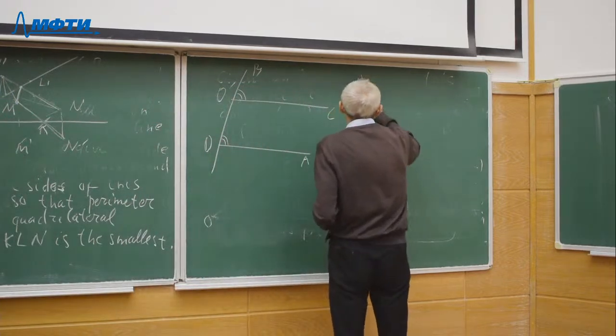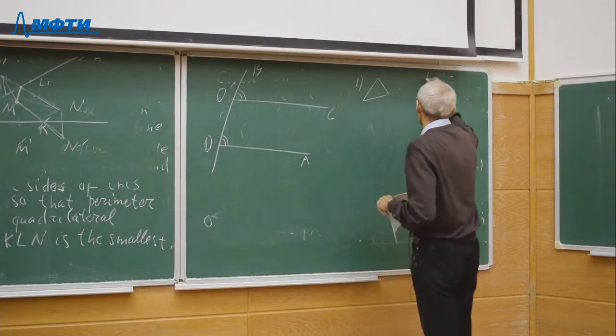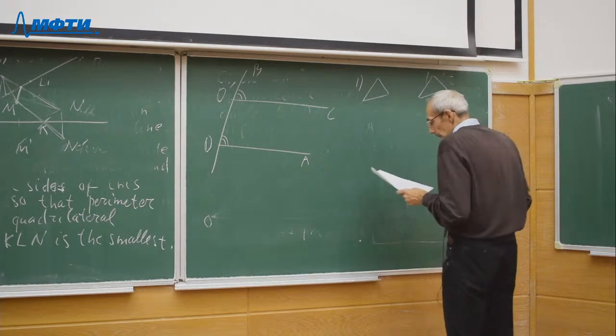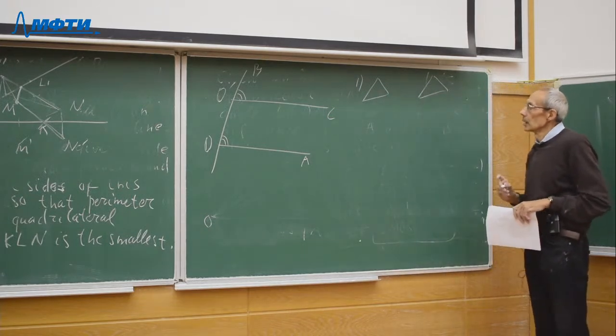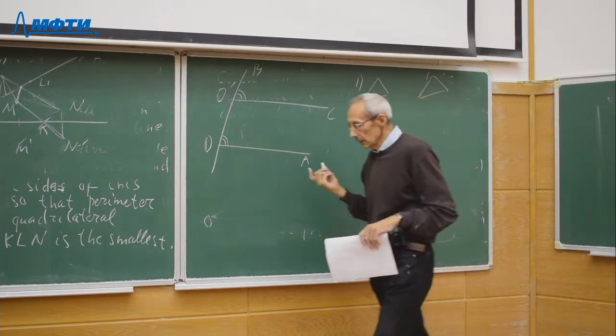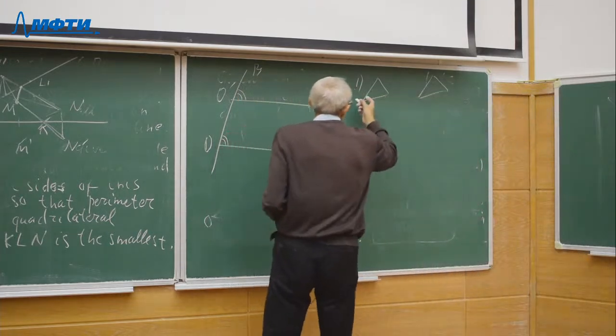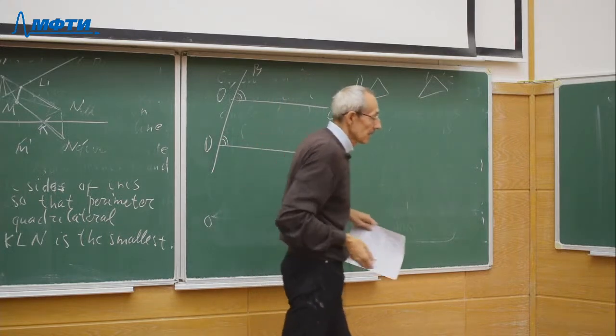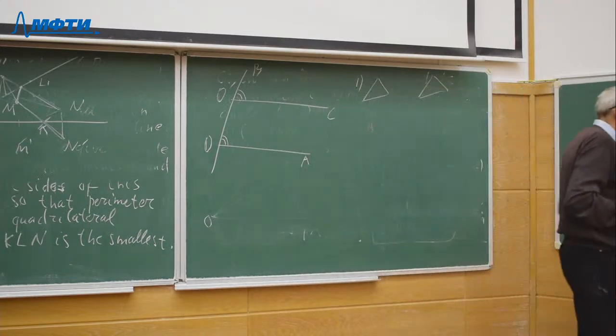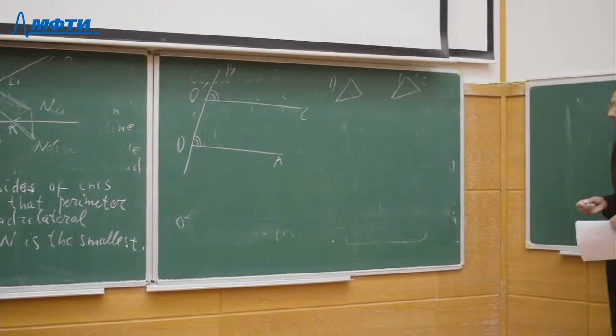Also, if we have two triangles and the lengths of corresponding sides of these triangles are equal, then the triangles are congruent.